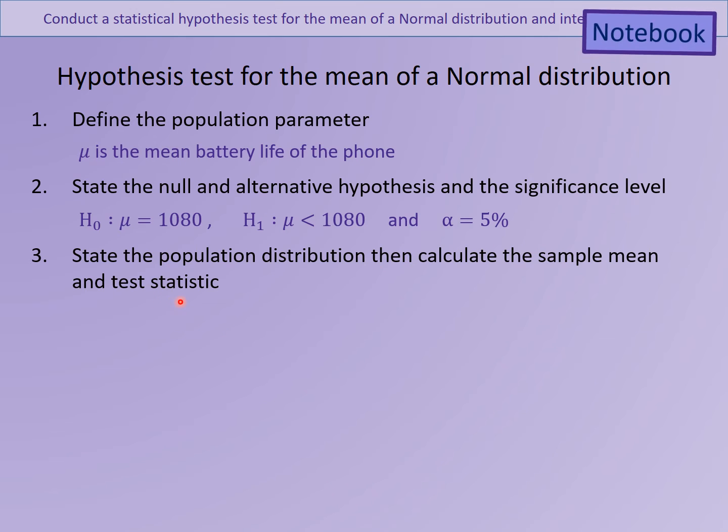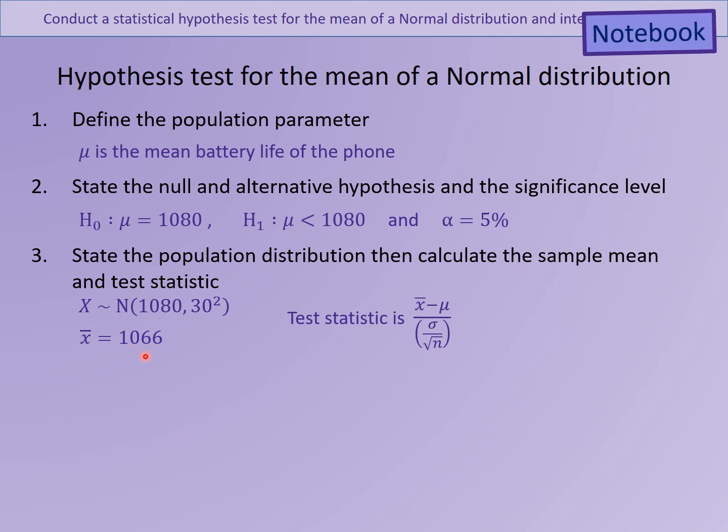Right, state the population distribution and then calculate the sample mean of the test statistic. So state the population distribution, that is this here. X is distributed normally with a mean of 1080 and a variance of 30 squared. 30 is the standard deviation. Our sample that we calculated, our x-bar sample, was 1066.